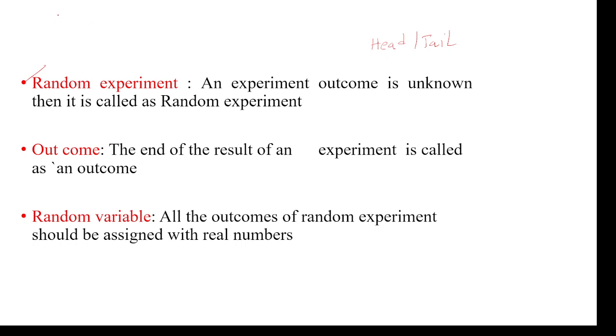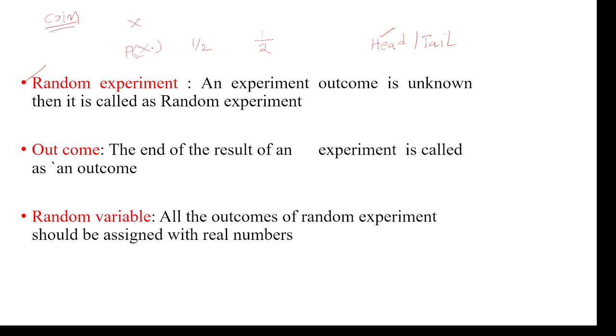If you take a coin, I am assuming the coin experiment is denoted with X. The probability to get head, I am assuming, is 1 by 2. The probability to get tail, according to the probability definition, is also 1 by 2.